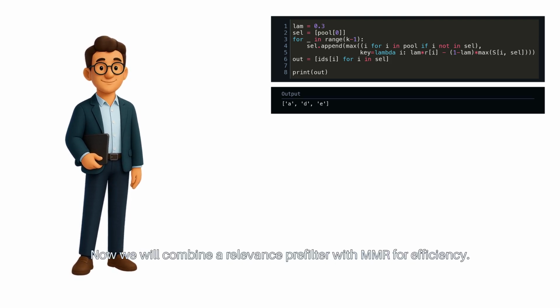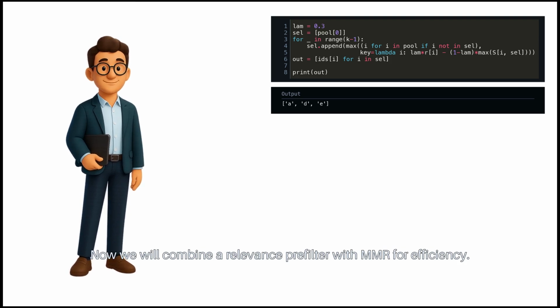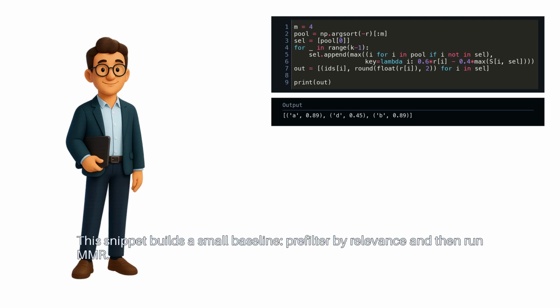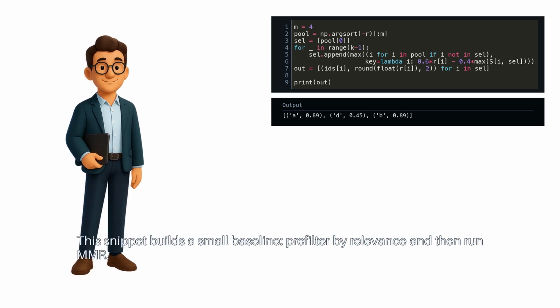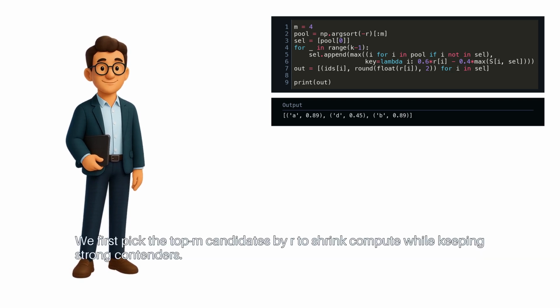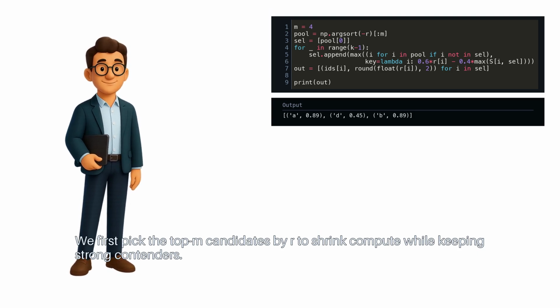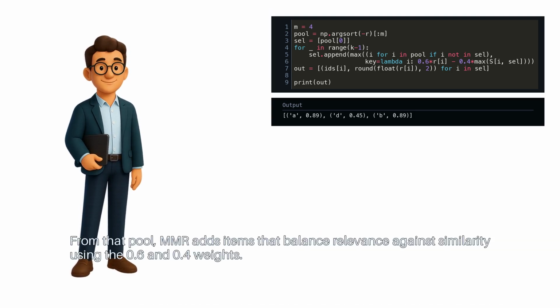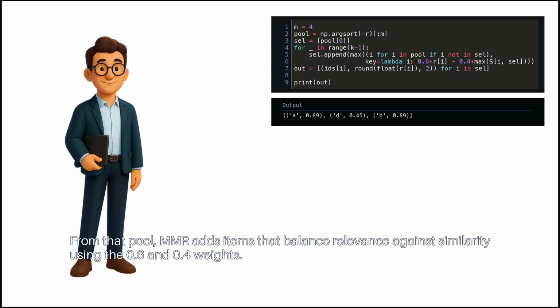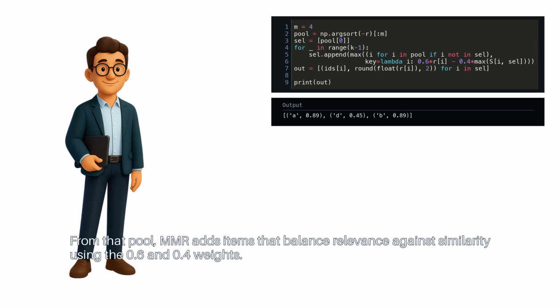Now we will combine a relevance prefilter with MMR for efficiency. This snippet builds a small baseline, prefilters by relevance, and then runs MMR. We first pick the top M candidates by R to shrink compute while keeping strong contenders. From that pool, MMR adds items that balance relevance against similarity using the 0.6 and 0.4 weights.